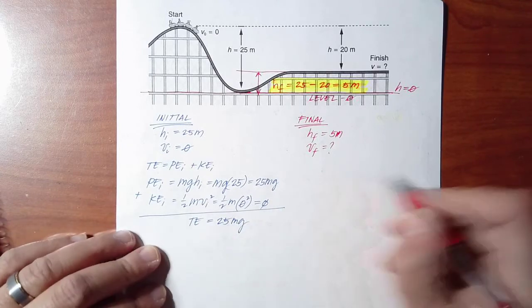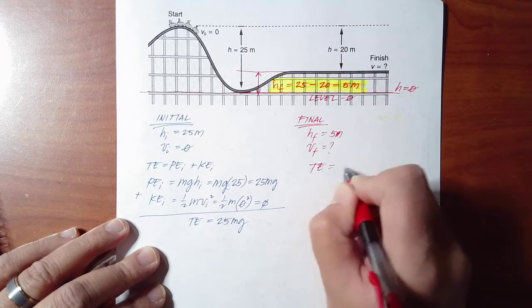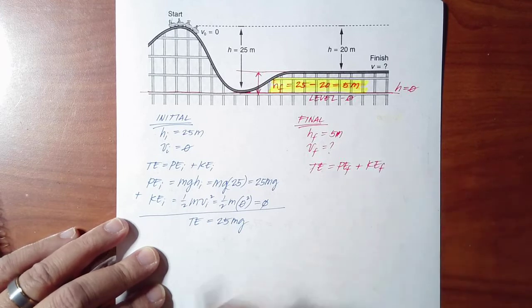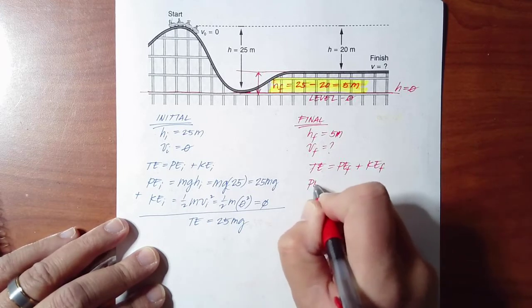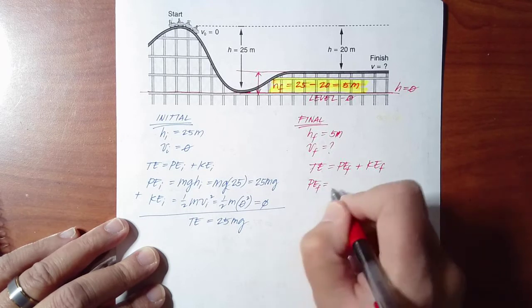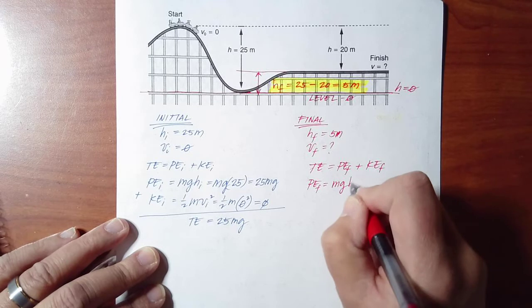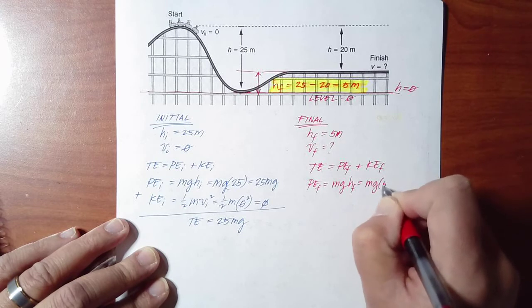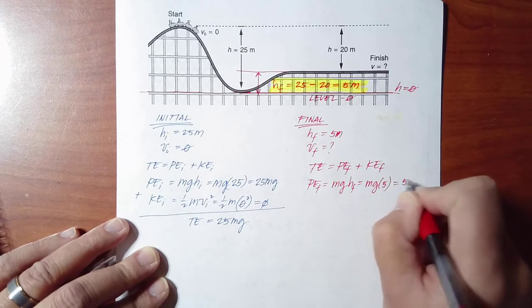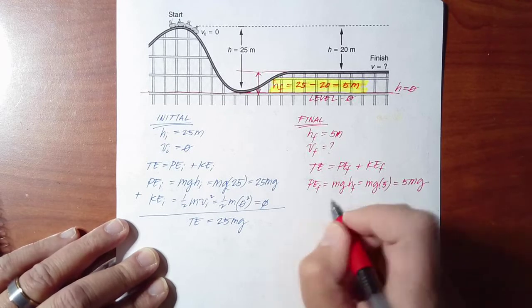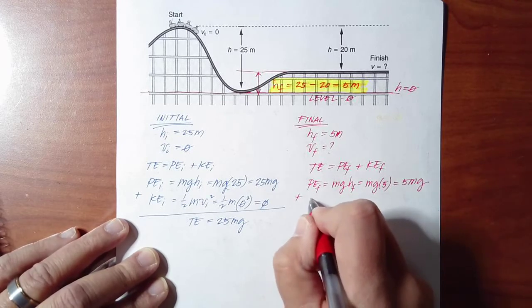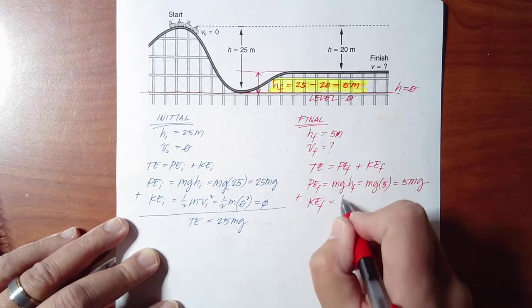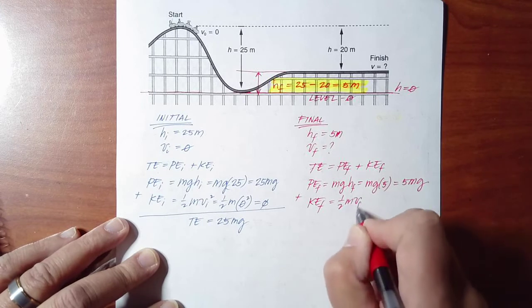For the final condition, total energy equals potential energy final plus kinetic energy final. At this point, our potential energy final is mass times g times hf, which is equivalent to mg times 5, or we have 5 mg, plus the kinetic energy final, which is 1/2 m vf squared.